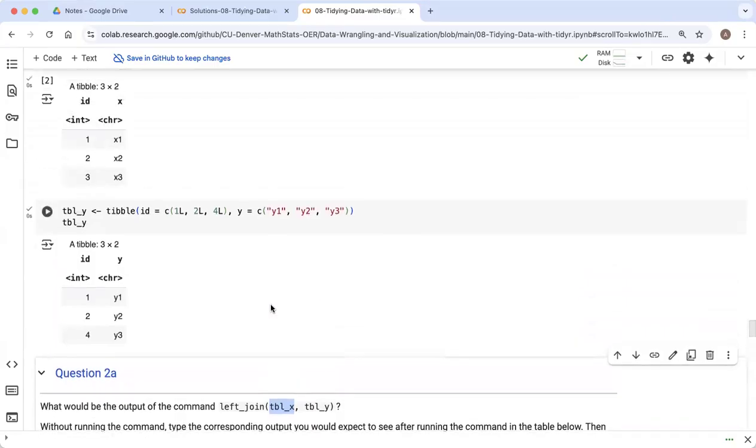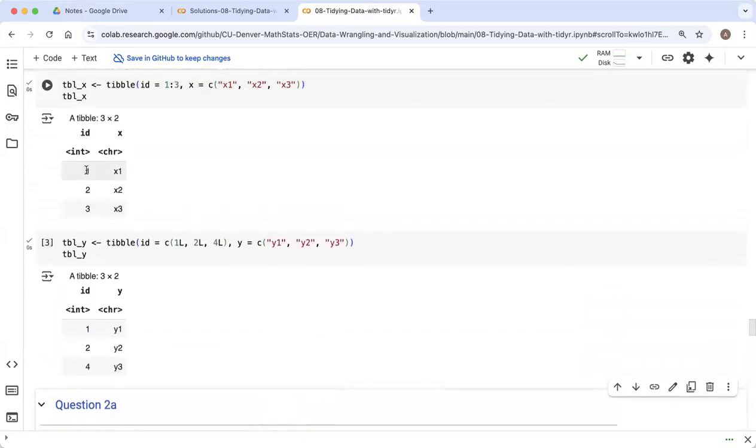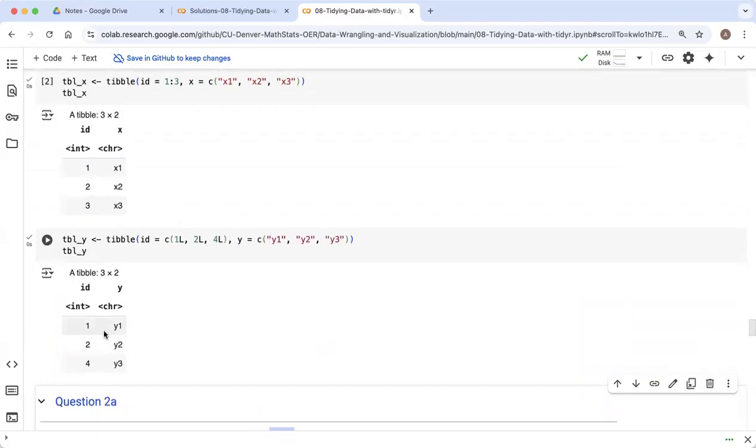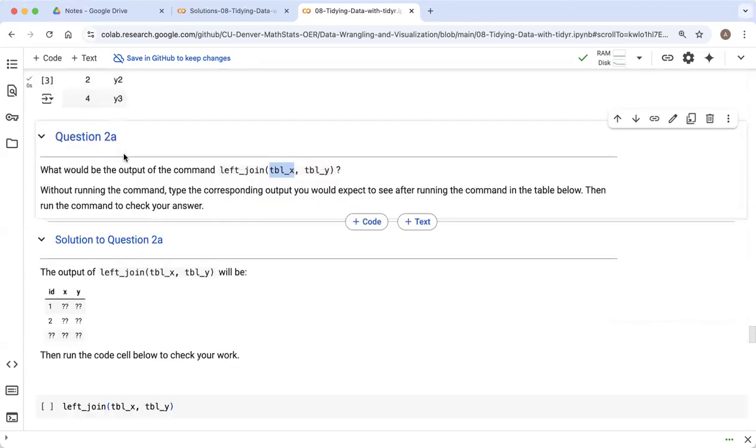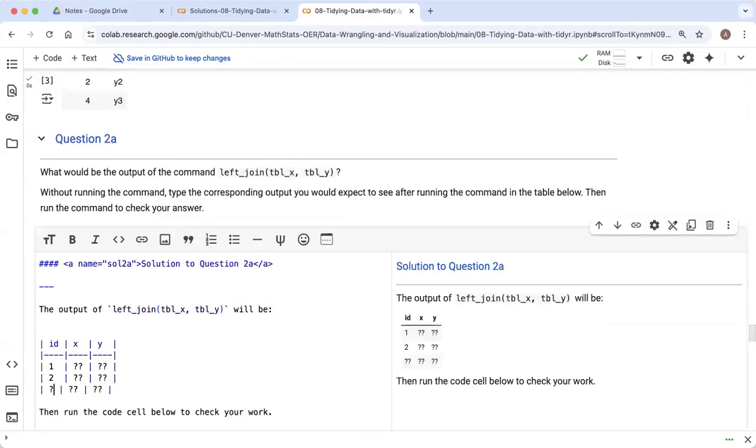In this case, that is X. So it's going to keep rows from tibble X, 1, 2, and 3. And then it's going to try and add the other column. So I'm going to have a column for ID, and it's just going to take all of the rows from X.